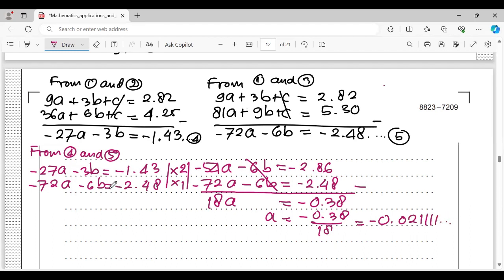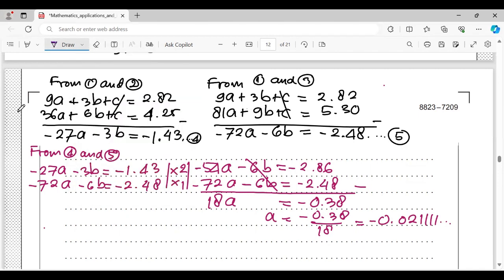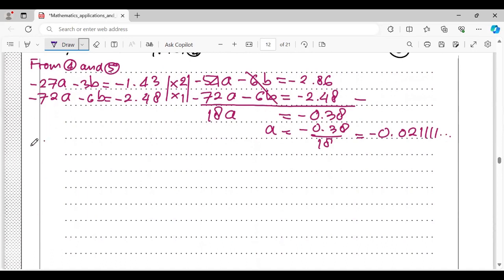Now substitute a into this equation: minus 72a minus 6b equals minus 2.48.